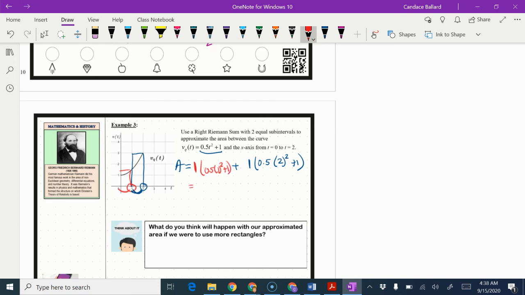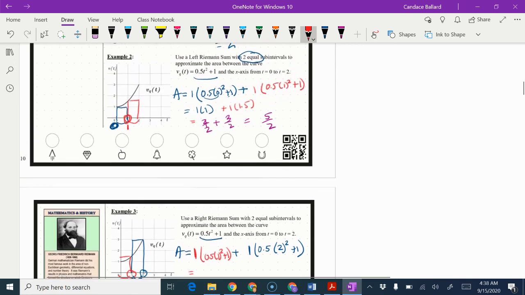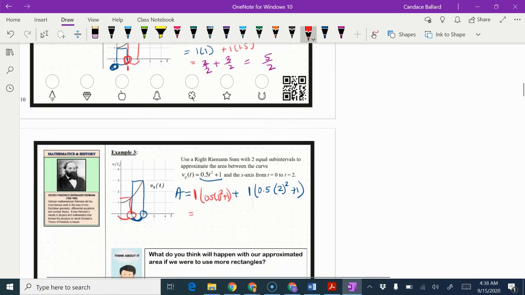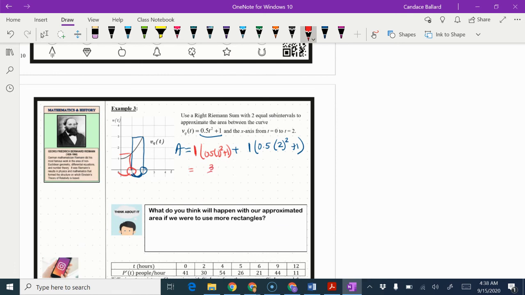Well, we know from the previous problem that this part here turned out to be 3 halves, right? So I could just write 3 halves for that. This part here, we're going to have to do a little bit more calculating. So I know I've got 1 times, so I don't need to mess with that. So 1/2 times 4, which is 2 squared, plus 1.